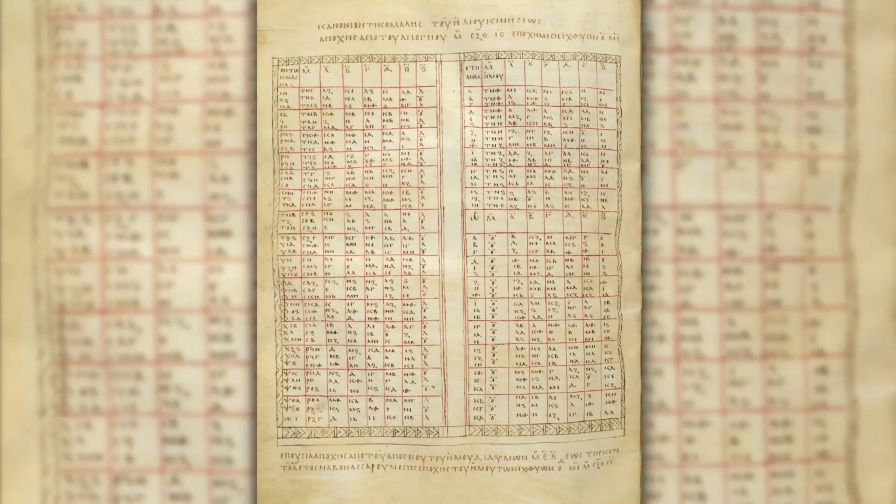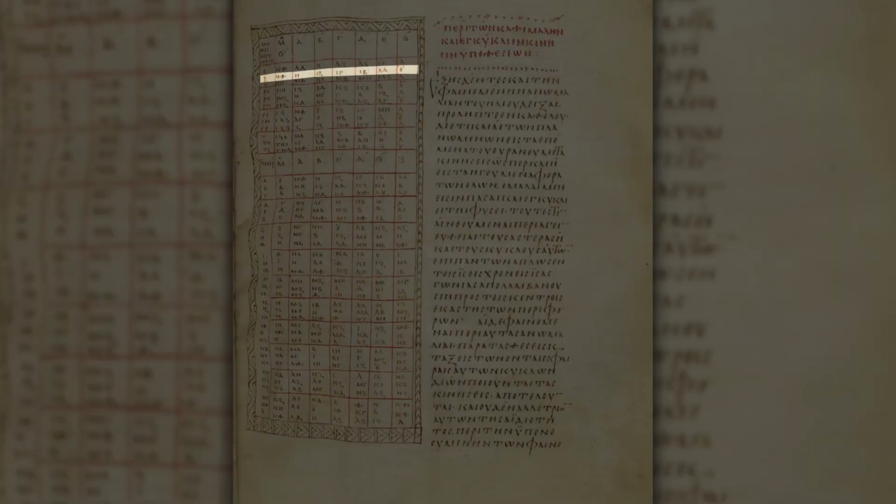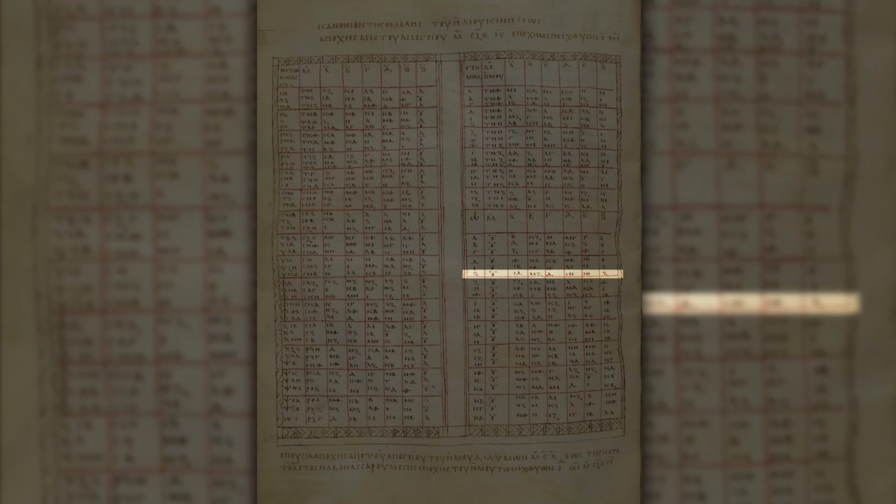This means that if you want to know how far the sun has moved in, let's pick a length of time, 27 years, 2 months, 4 days, and 6 hours, you would look up the value for an 18-year period, a 9-year period, a 2-month or 60-day period, a 4-day period, and 6-hour period. Then you add up the values instead of having to do multiplication because addition is easier than multiplication.